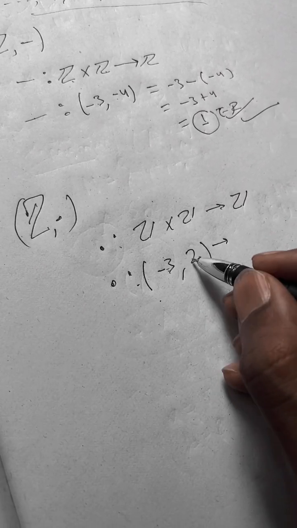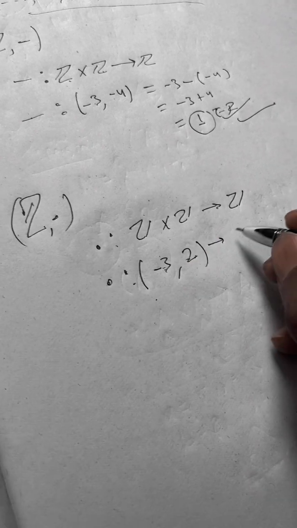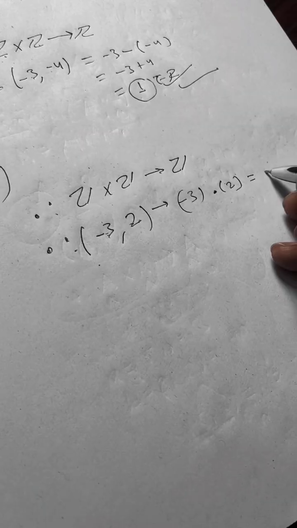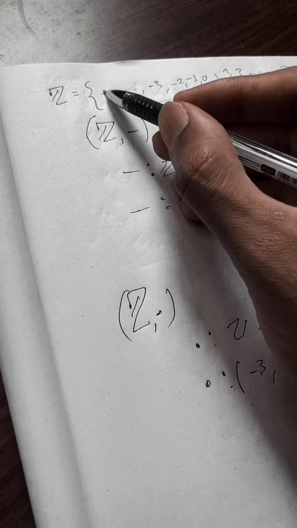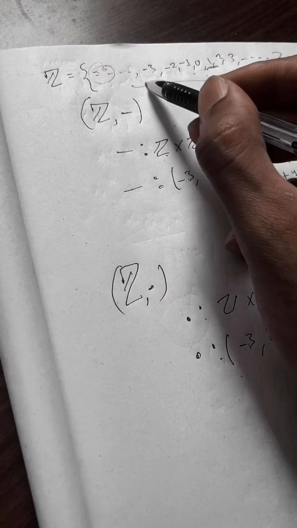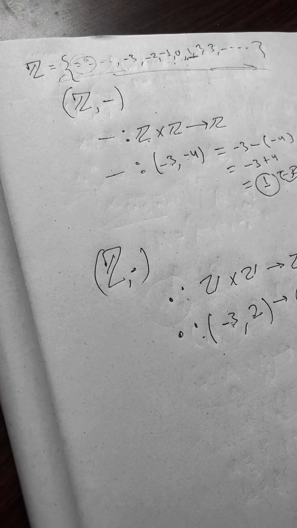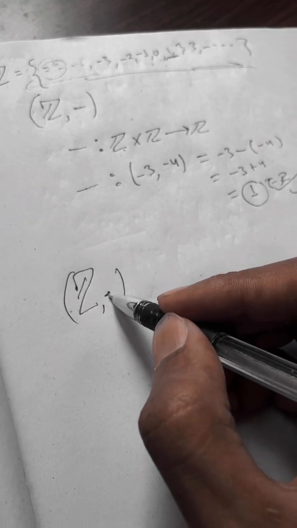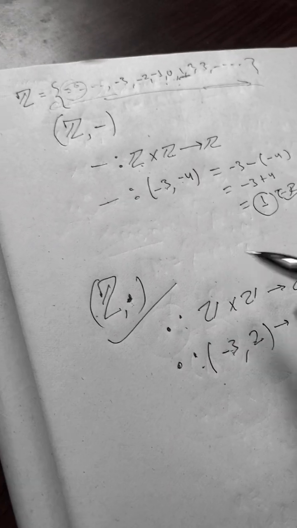It means in between these two numbers, multiplication will be there. So minus 3 dot 2, the answer is minus 6. Does minus 6 belong to our set? Yes, here will be minus 6. These numbers go up to infinity on both sides. Right? So it means Z with dot is a magma, it satisfies the closure property.